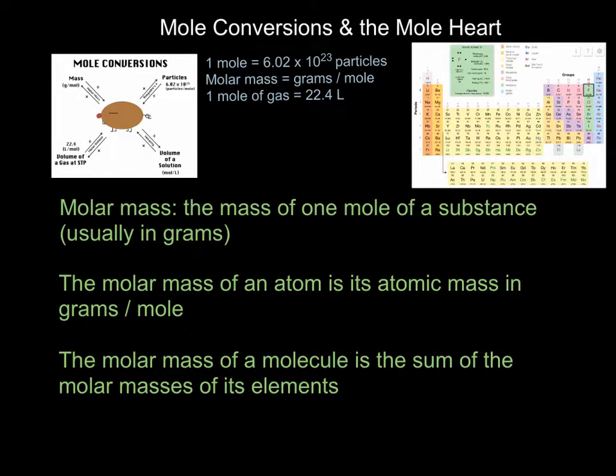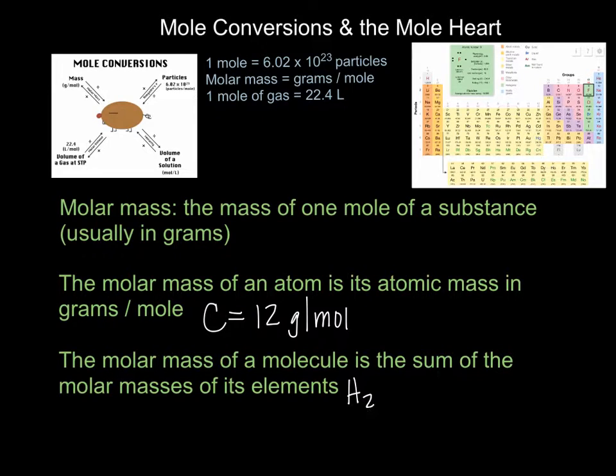So to review, the molar mass is the mass of 1 mole of a substance, and we're usually going to measure that in grams. The molar mass of an atom is its atomic mass in grams per mole. So for example, our atomic mass of carbon is 12 AMU, so its molar mass is 12 grams per mole. And the molar mass of a molecule is the sum of the molar masses of its elements.